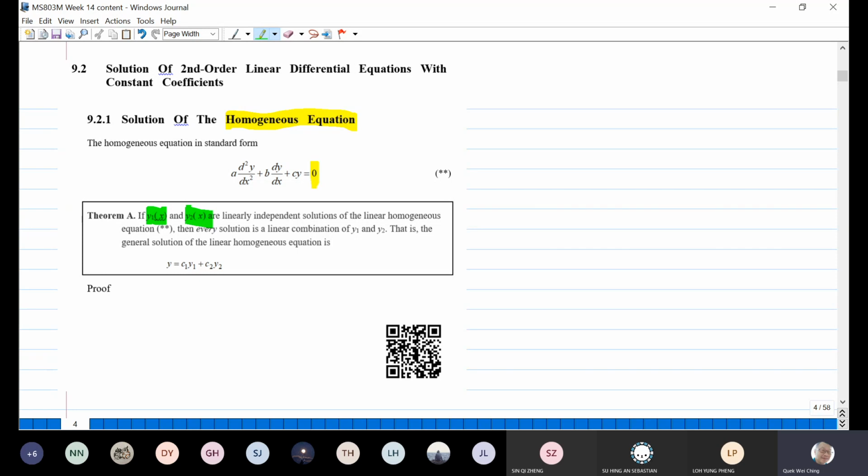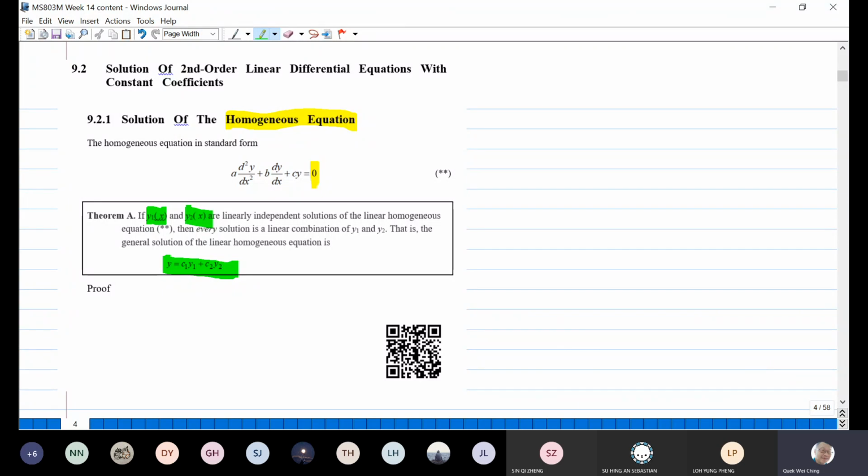Then if you find these two solutions, every solution is a combination of y1 and y2. So it looks like this. Once you get two linearly independent solutions, you can find that the y generally looks like this, a combination of y1 and y2.